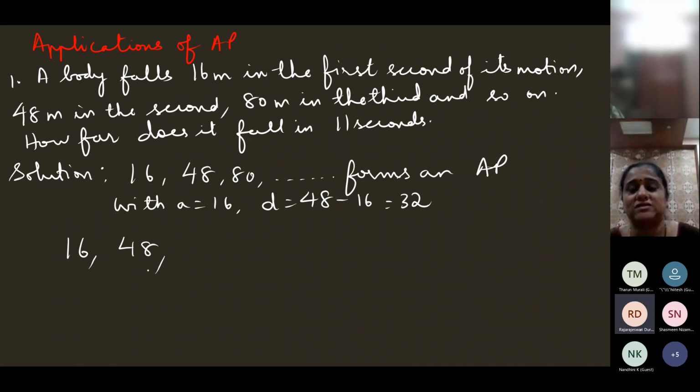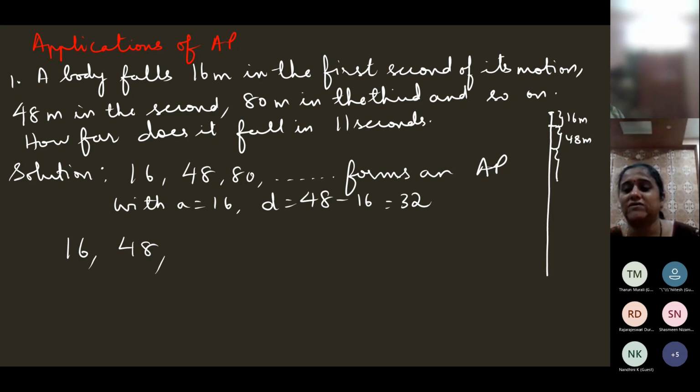The distance traveled by the object in the second second. So if it's falling down from this height, in the first second it covers 16 meters. Then in the second second, it covers 48 meters. Then in the third second, it covers 80 meters. Now tell me, children, what is the distance covered in 3 seconds?